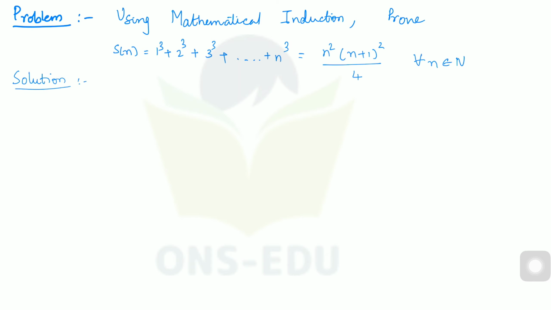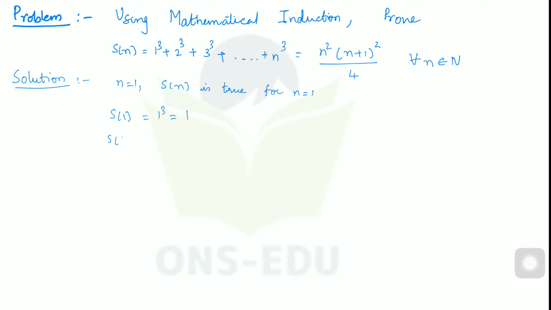Now what is the first step? Replace n equal to 1. Show that S of n is true for n equals 1. So S of 1 is 1 cube, which is nothing but 1.